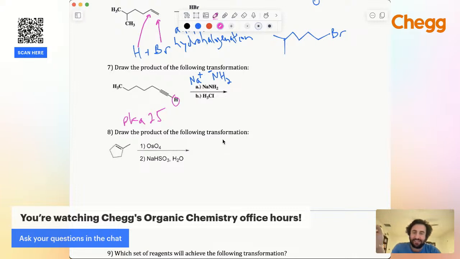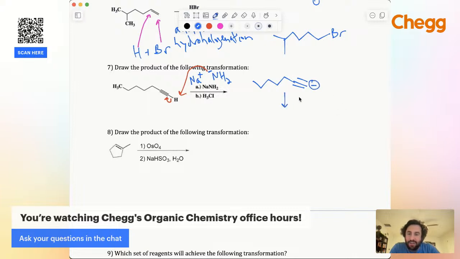So it's still a billion times less acidic than water, about 9 orders of magnitude, but it is just acidic enough that an exceptionally strong base like NH2 minus is going to get that proton and leave that negative charge on that terminal carbon. So we now have an alkynyl nucleophile. So here, let's do that. Boom, boom. We have an alkynyl nucleophile.